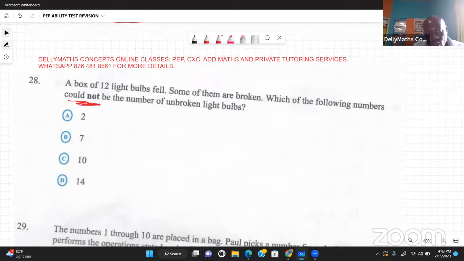Some of them are broken, so we want to know which could not be the number. It could be 1 that was broken. It could be 2. We don't know, but it has to be less than 8 unbroken. So unbroken could not be 14.